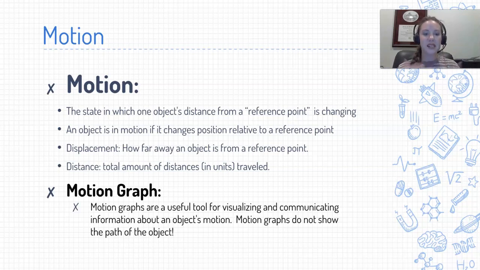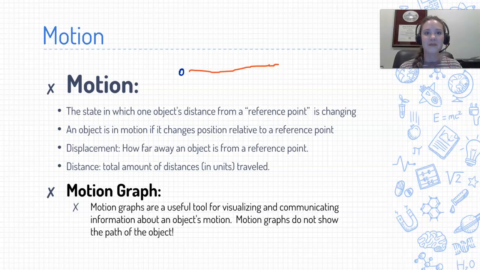So to take that a step further, we're going to talk about two terms, displacement versus distance, okay? When we talk about displacement, we're talking about how far an object is away from its reference point. So for example, if I had a reference point here and then I traveled away from that reference point, that would be my displacement.